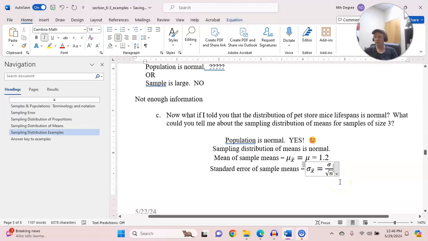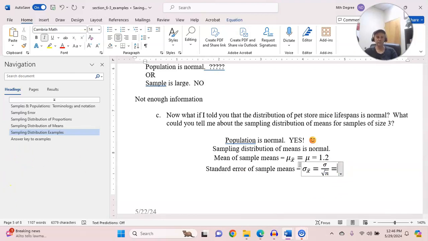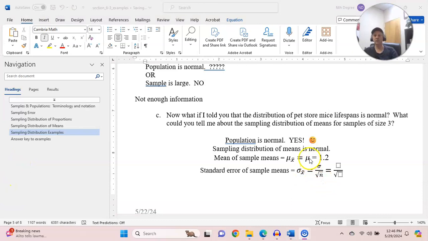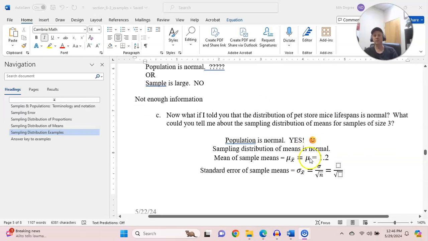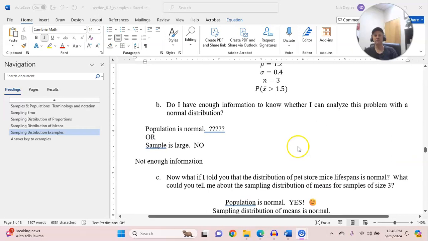So let's plug the numbers in here. And that's why it's so essential to turn numbers into letters at the beginning of the problem, right? Because we know that we need mu, sigma, and n, and that's why we wrote them down up above. Okay, so now we know what numbers to plug into the formulas. So into this formula, we're plugging in sigma and n. Here they are.